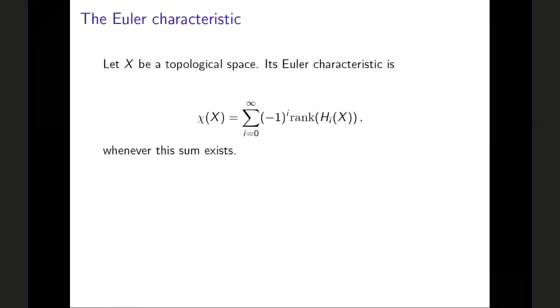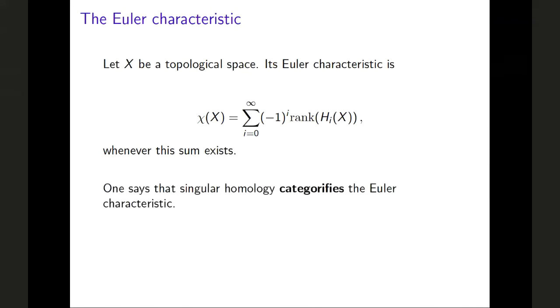If you go back to our favorite cardinality-like invariant, the Euler characteristic of a topological space, we know that it can be written as the alternating sum of the Betti numbers, whenever this sum exists. And what one says is that singular homology categorifies the Euler characteristic.